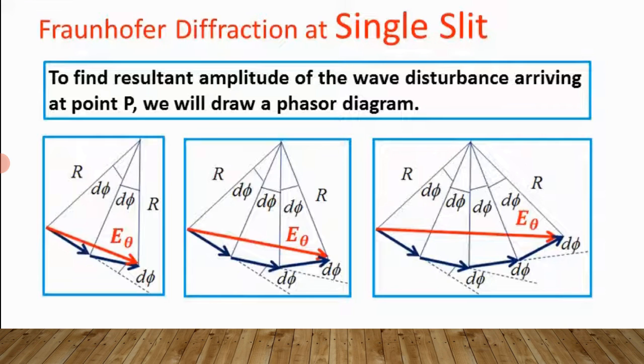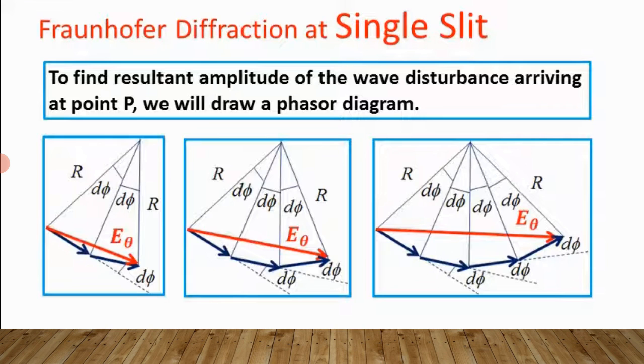The length of the arc is denoted as EM, representing the maximum amplitude obtained by adding the phasors without any phase difference between them. To find the resultant amplitude, on the screen you can see the phasor diagram.